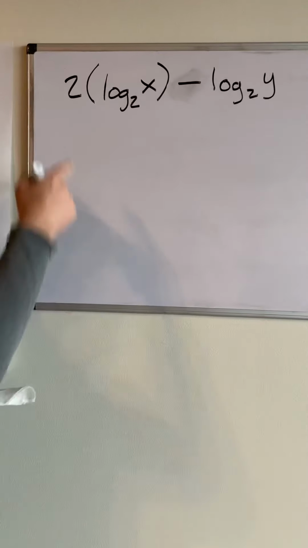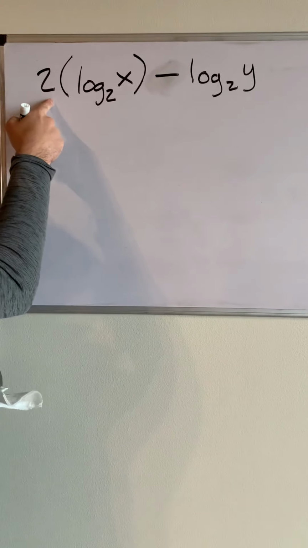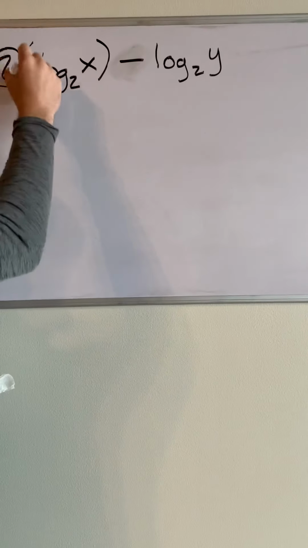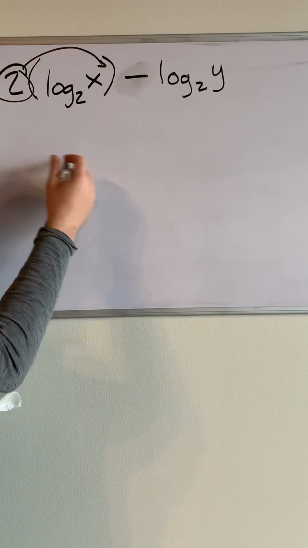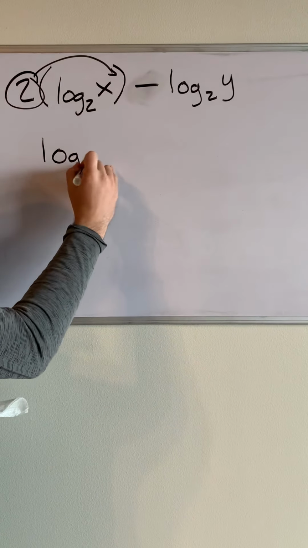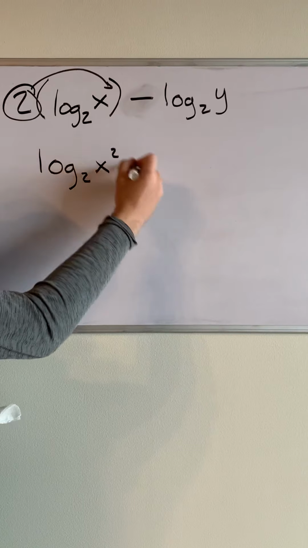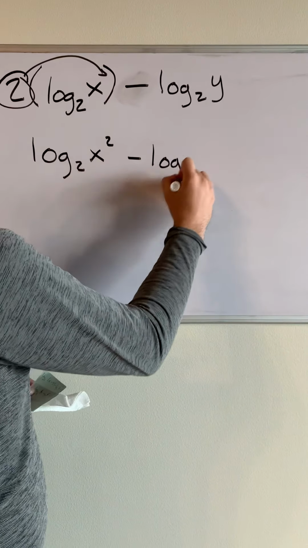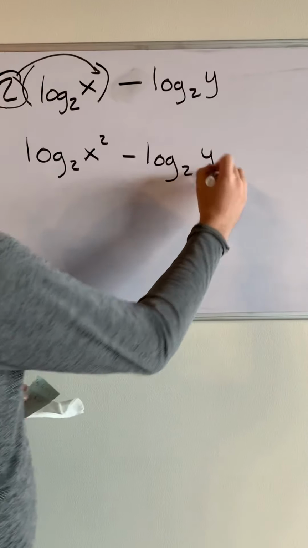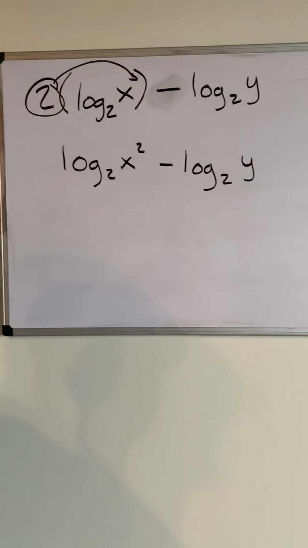Okay, here I see multiplication. So this has to go back up into a power. So I go log base 2 x squared minus log base 2 y. Okay, that's step 1. You're moving backwards.